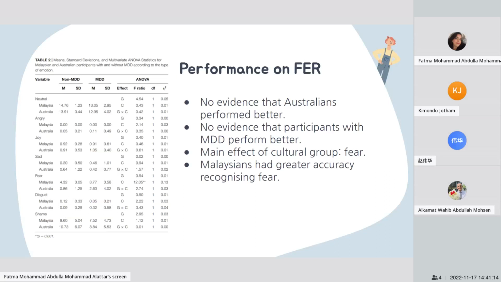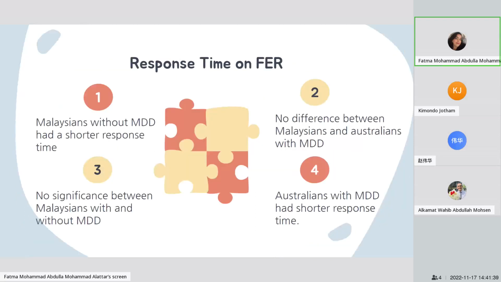The analysis done showed that there was a main effect of cultural group. This main effect was only significant for the emotion of fear, contradictory to the initial hypothesis. The researchers found that Malaysian participants had greater accuracy recognizing expressions of fear than Australian participants, which is again contradicting the hypothesis that they had in the beginning.